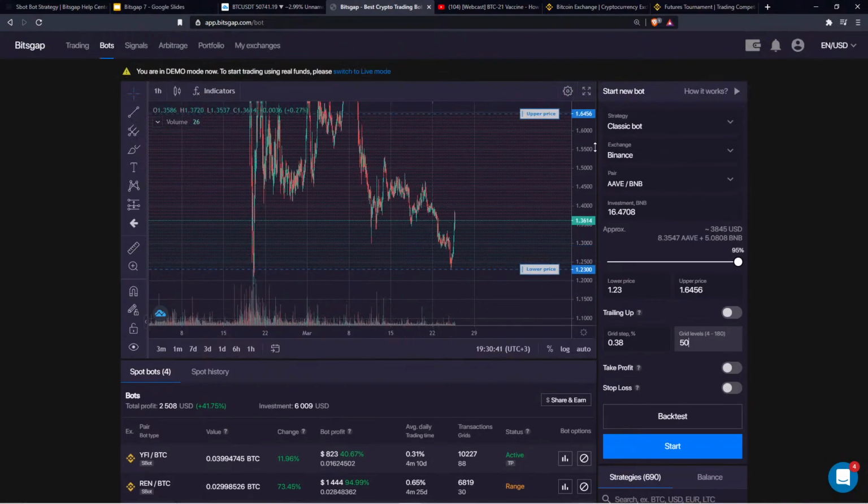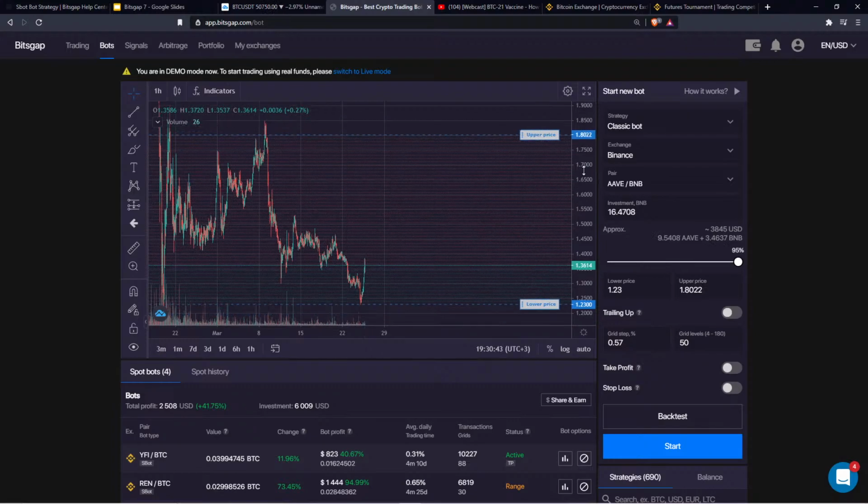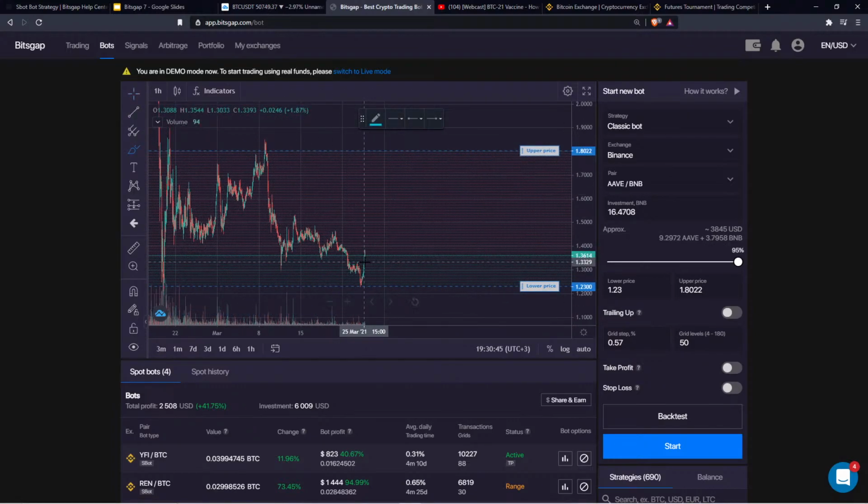So the trading range can look like this. This is when you expect the market to move like this. You should stick with the classic bot strategy, because this is the perfect scenario in which the classic bot generates the highest return compared with the SBot.